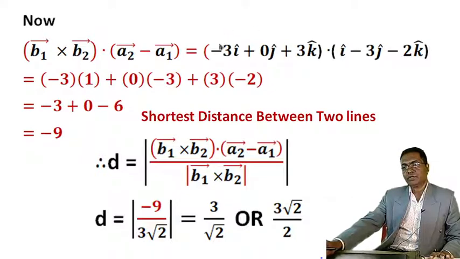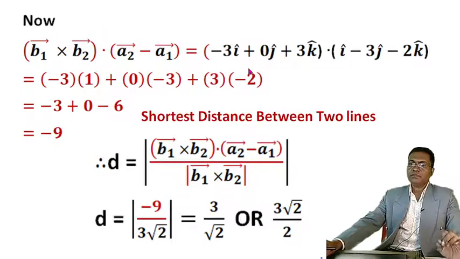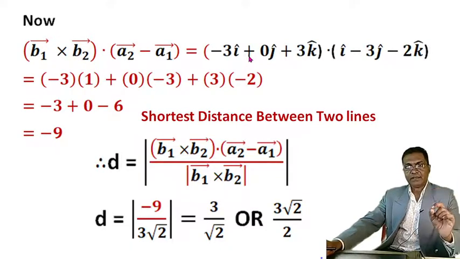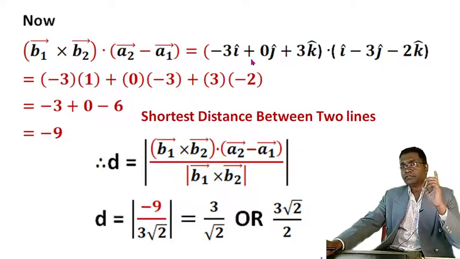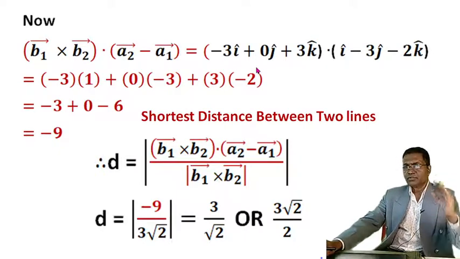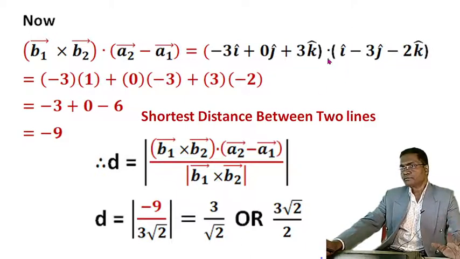This is your b1 cross b2 and this is your a2 minus a1, and we know how to find the dot product of two vectors: the sum of the products of the coefficients of i, j, k, that is a1 a2, b1 b2, c1 c2, that we studied in vector algebra. Search for the dot product or scalar product of two vectors, and you will find how to find it.